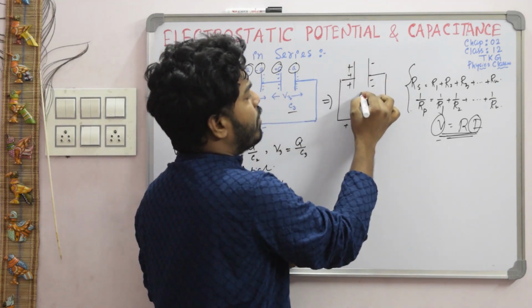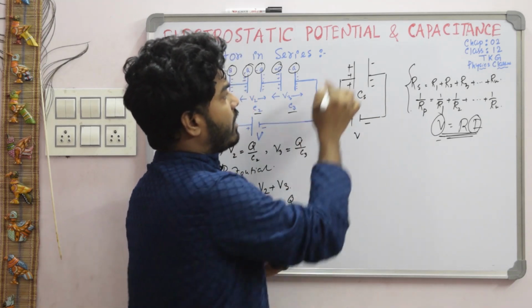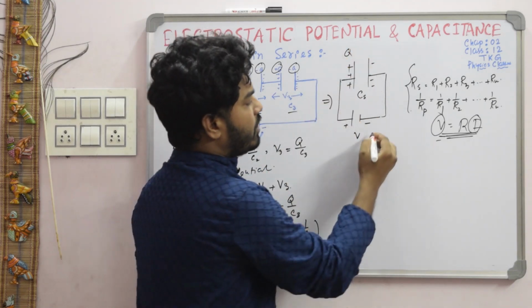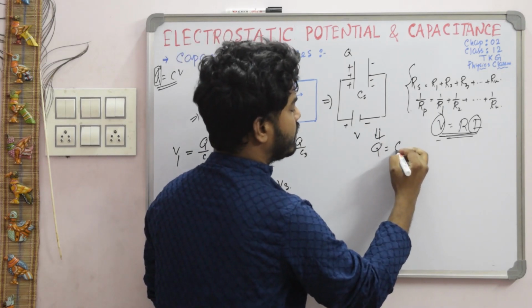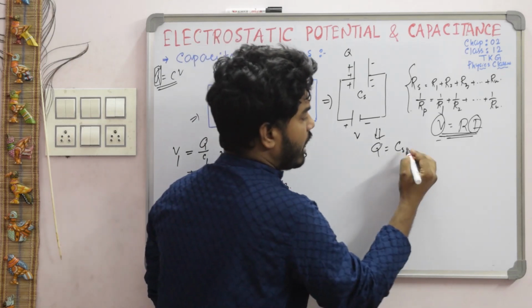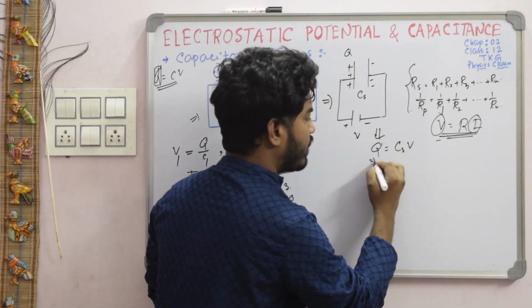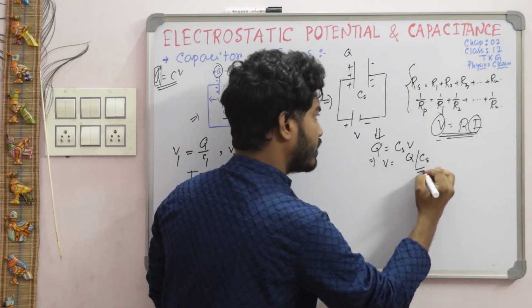So we can say the equivalent capacitance is CS, S for series, and here the charge is Q. So for this circuit, the formula is Q is equal to C into V, with equivalent capacitance CS and potential V. So what will be the value of V? V is equal to Q by CS, right?